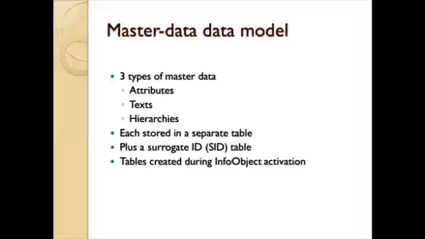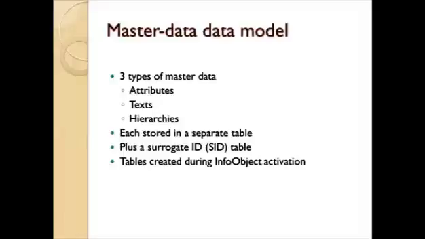And actually, three is the minimum. We may have two hierarchy tables if we have two separate hierarchies, and we may have three different text tables and so on. Plus a surrogate ID or SID table.